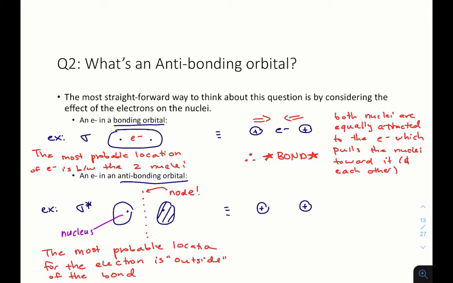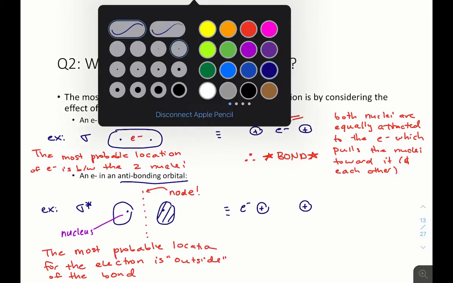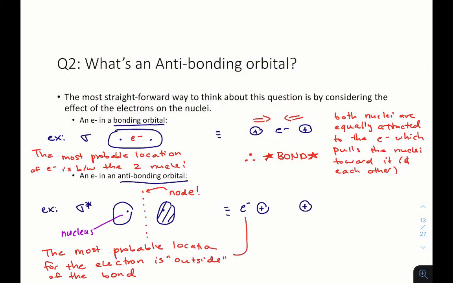We can draw out the nuclei and an electron. Again, this time the electron is most likely to be outside of the bond for this orbital since there's a node between the nuclei. What effect does this electron have on the nuclei? Well, it's strongly attracting this nucleus. It's weakly attracting the other nucleus since it's farther away.